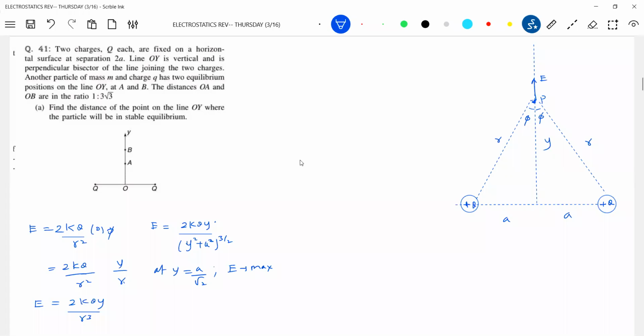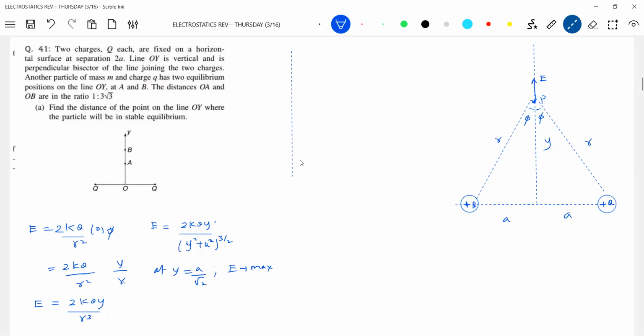So what will happen to the field strength? I'll give a curve. Okay, I'll draw it here, no problem.